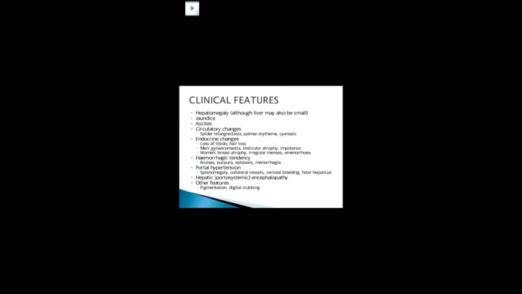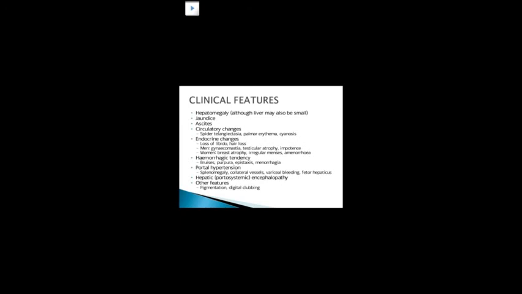Clinical features. As I already told, ascites, circulatory changes, hepatomegaly, spider telangiectasia, palmar erythema, cyanosis, gynecomastia, an important finding here. The patient has reduced libido, testicular atrophy, impotence. In cases of women, there is breast atrophy.